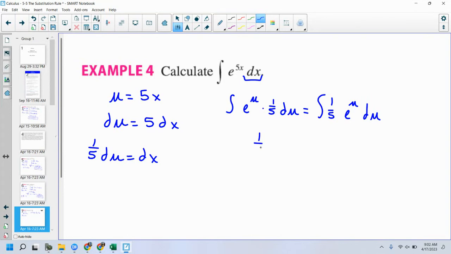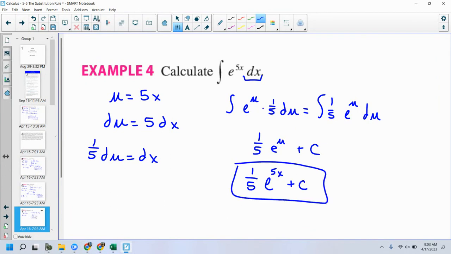So this is really just 1/5 e to the u plus c. And last thing we do is plug that 5x back in. 1/5 e to the 5x plus c.